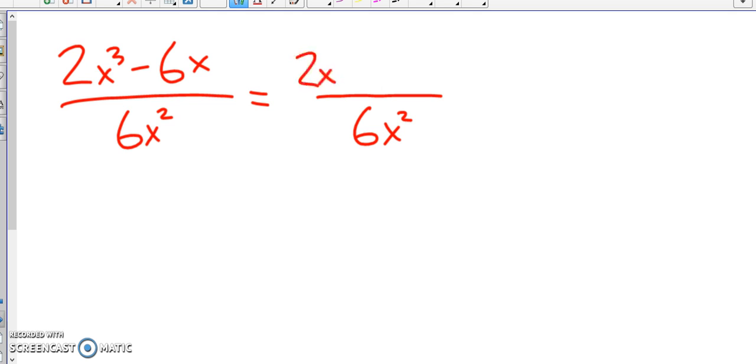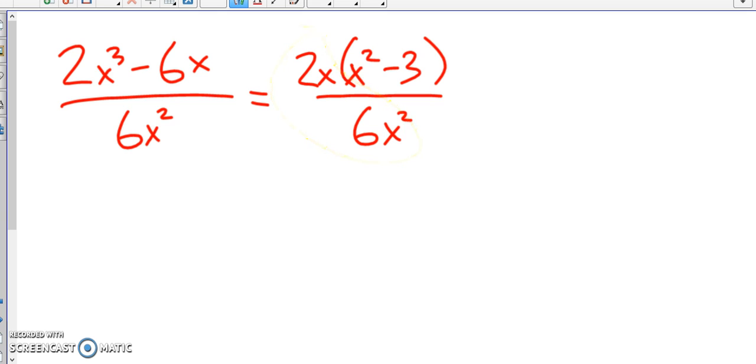So I can factor out a 2x, and then what's left over, if I take a 2x out of 2x cubed, I'd have x squared. And then if I take a 2x out of 6x, I'd have minus 3. And now, since this part out here doesn't have any addition or subtraction in it, that's the part I can simplify right there.